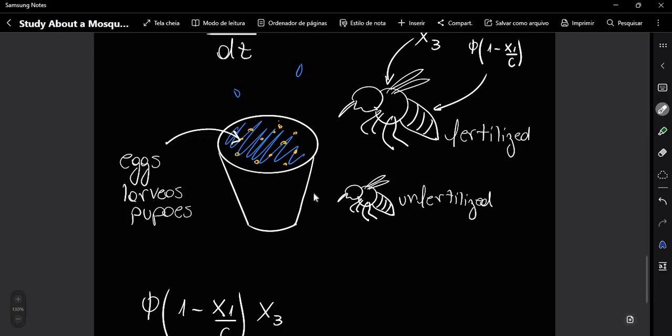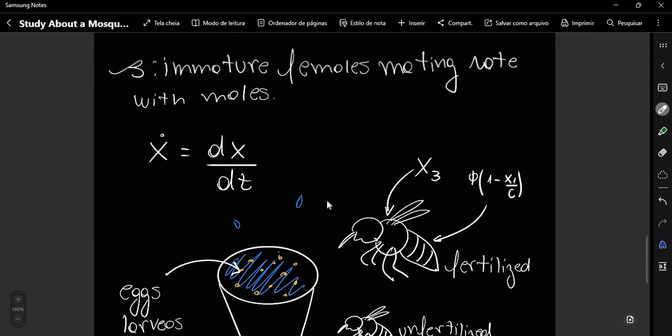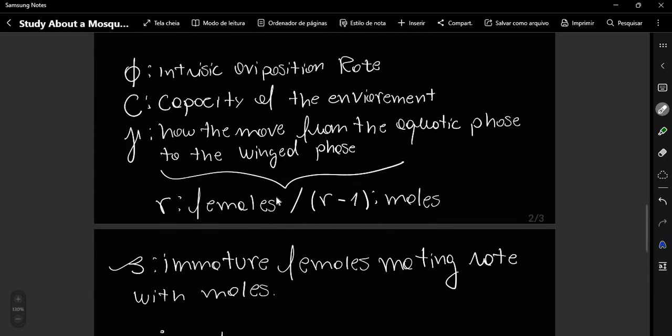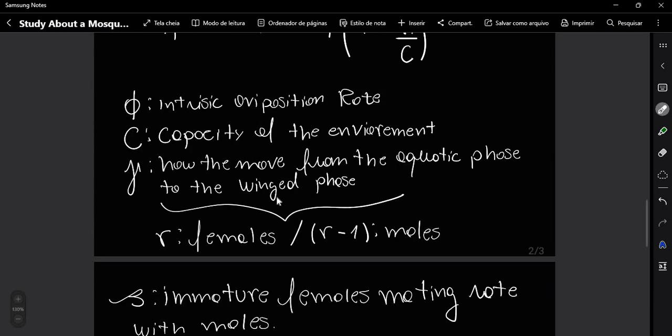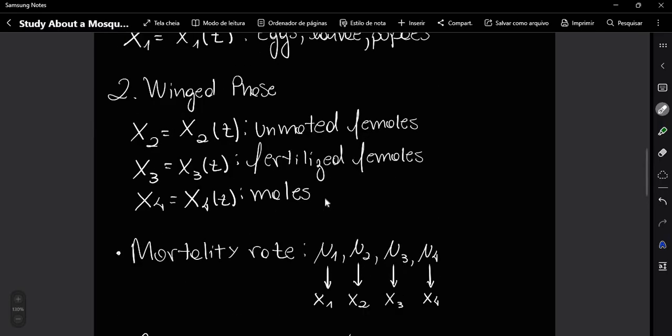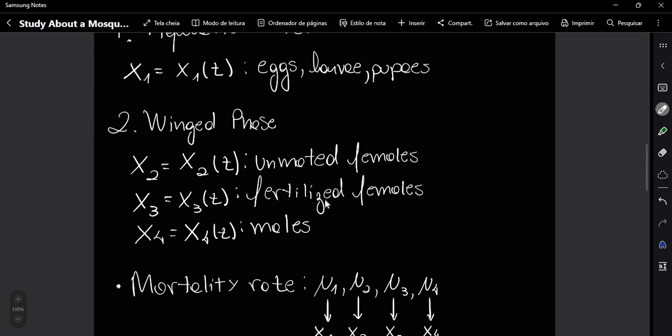And now let's see what other variables relate to the first fertilization of the mosquito. Right here, this one is related to the fertilized female.